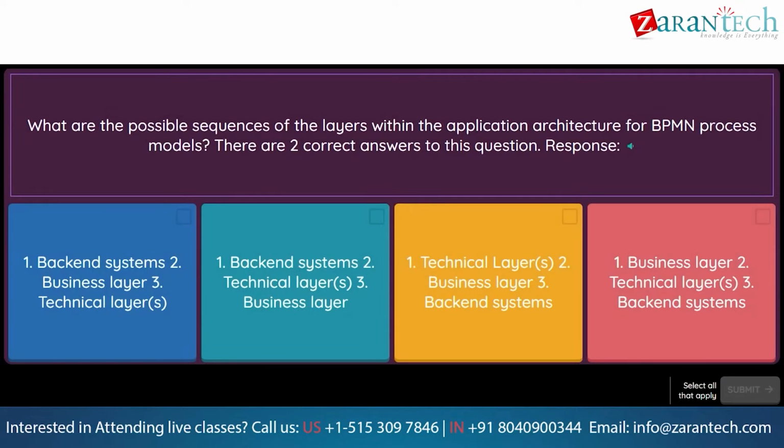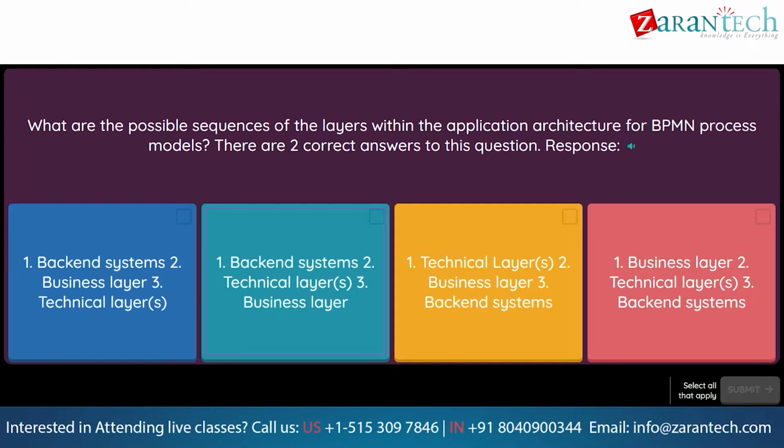Question: what are the possible sequences of the layers within the application architecture for BPM and process models? There are 2 correct answers to this question. Response: Option 1, 1. Backend Systems 2. Business Layer 3. Technical Layer. Option 2, 1.